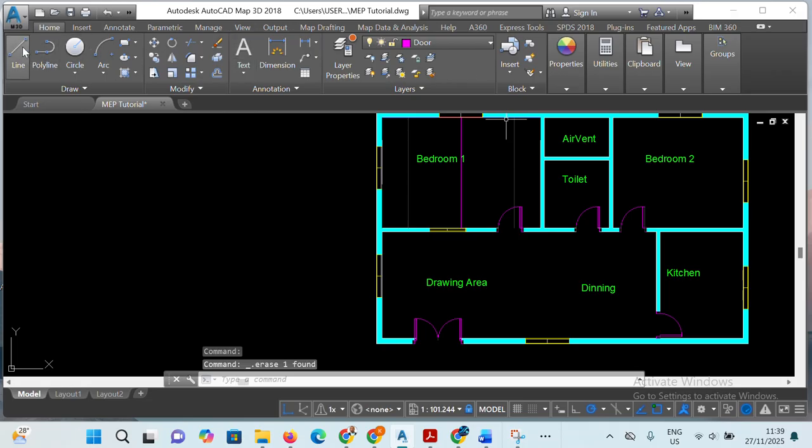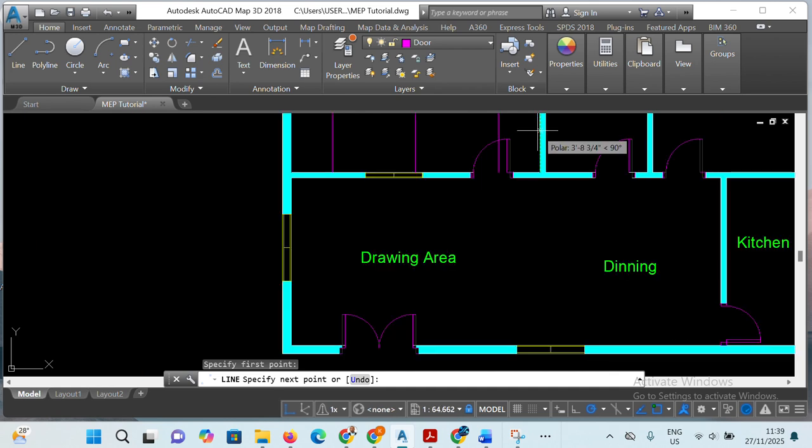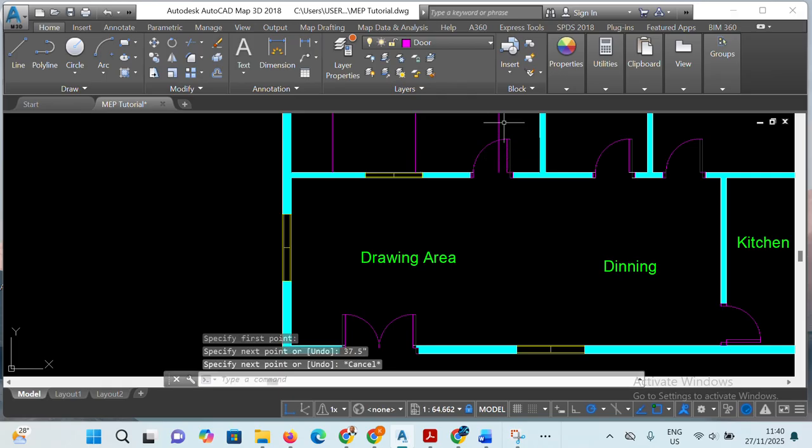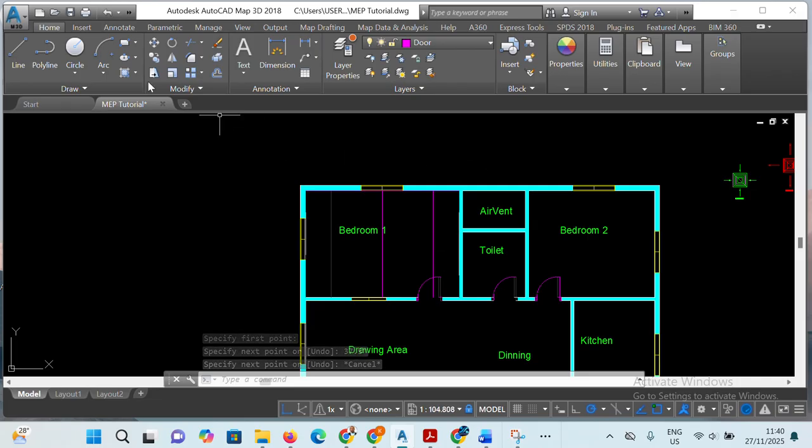From this side too, we will have 37.5 inches. Then the middle will be 75.